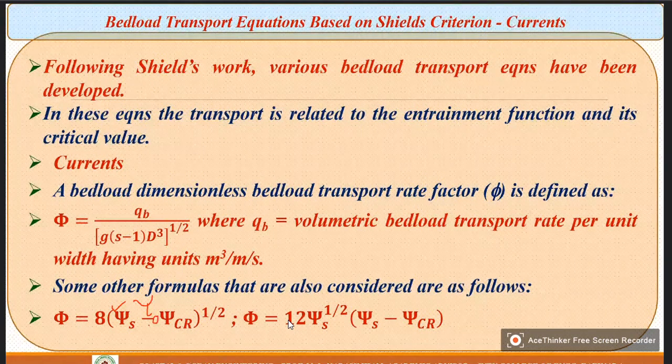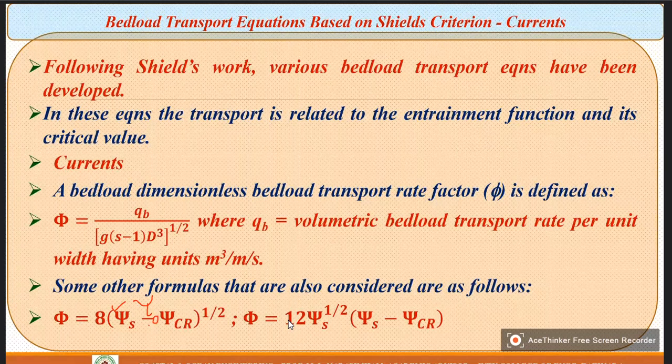If it is only current, you use the current induced shear stress. If it is wave, then you use for tau naught the wave induced shear stress. If it is a combination of wave and current, you substitute the wave and current induced shear stress.